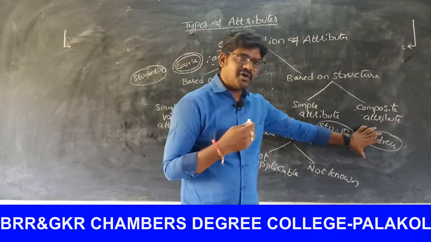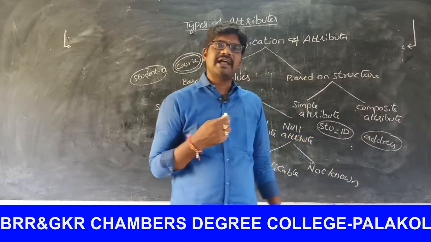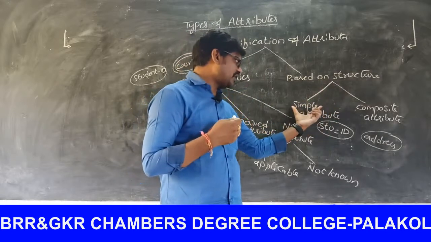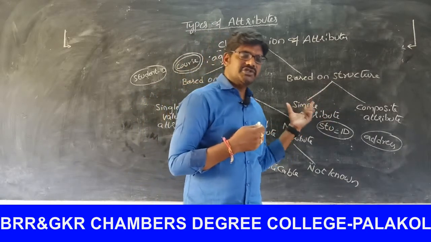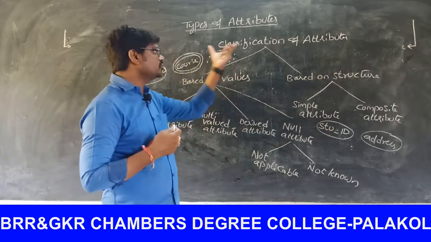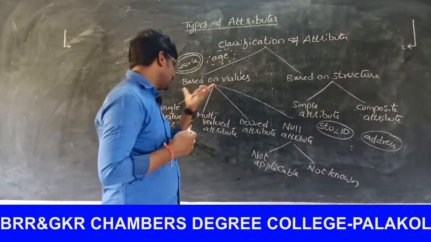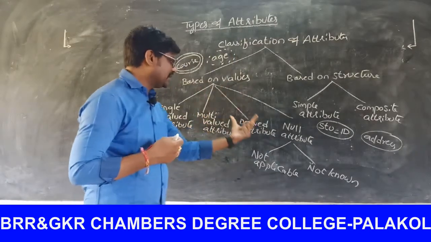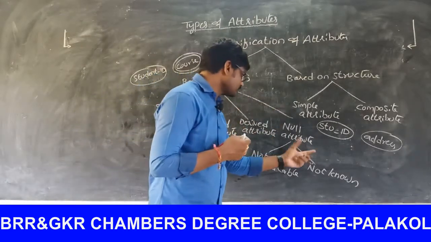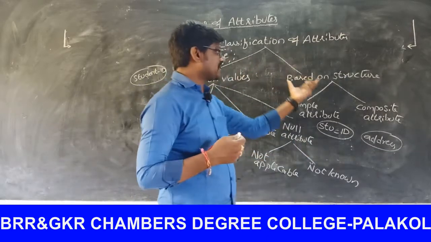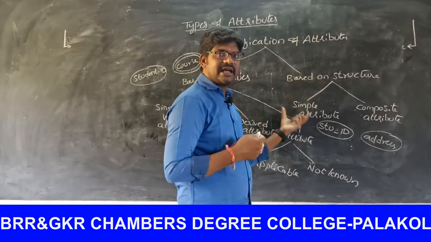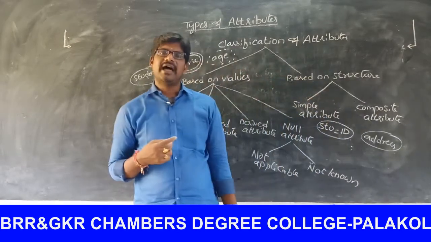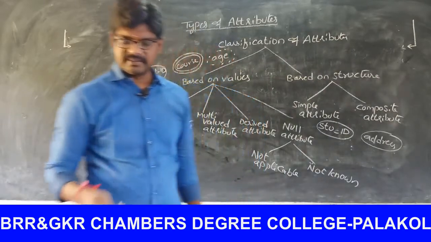So attributes that can be divided are called composite attributes, and those that cannot be divided further are simple attributes. Based upon the value, attributes are single-valued, multi-valued, derived and null. Based upon the structure, they are classified into simple and composite.